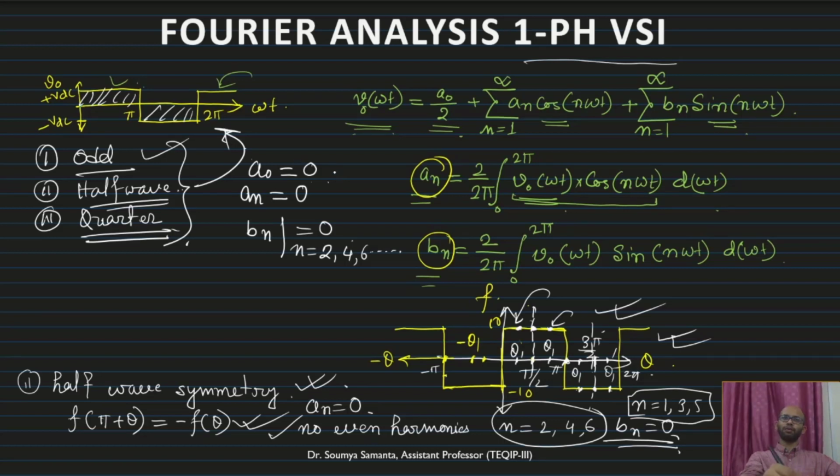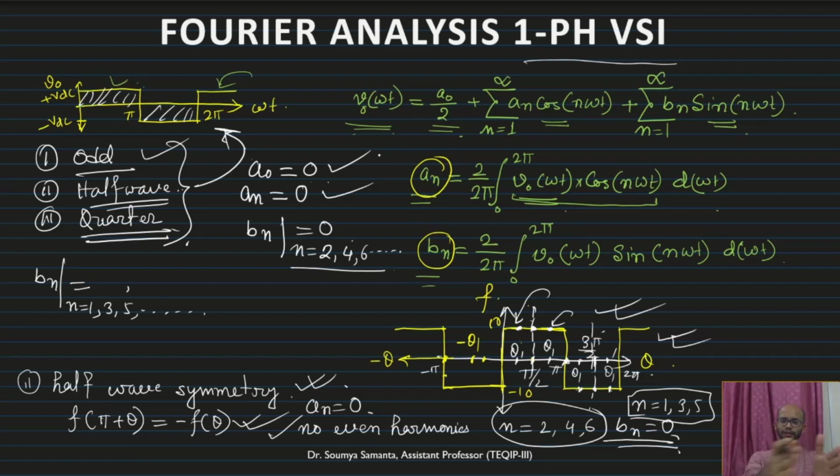So the average value will also be 0. Average value will be 0, An will be 0, and Bn for even n will be 0. So what Bn will we get? We will get Bn for n equals 1, 3, 5, 7 and so on. These are the Bn terms we will get.